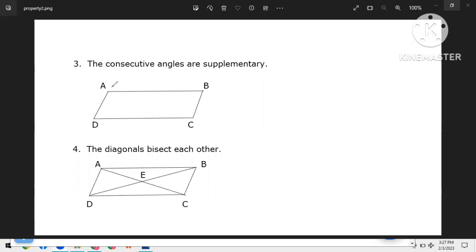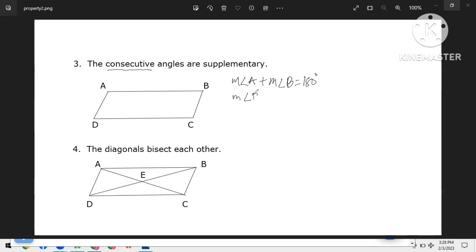The consecutive angles are supplementary. Now, what do you mean by consecutive? Consecutive means yung mga magkakatabi. For example, angle A and angle B, then angles B and C, then angles C and D, tapos angles A and D. So the measure of angle A plus measure of angle B is equal to 180. Supplementary angles means the sum of the angles is 180.